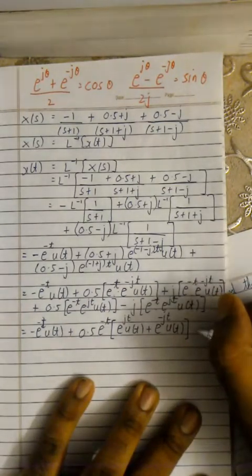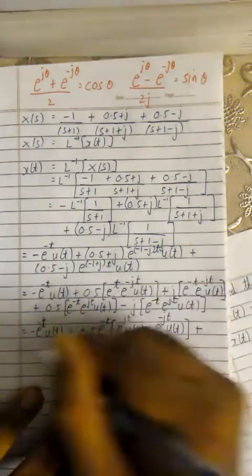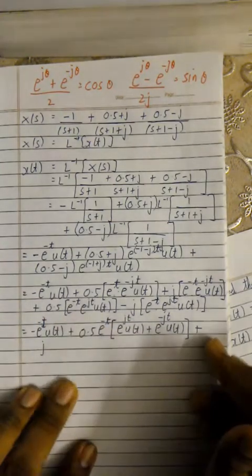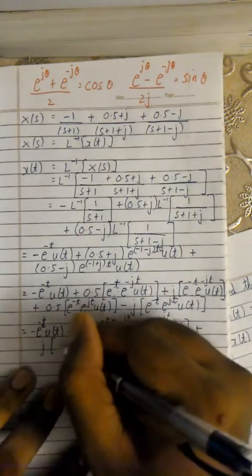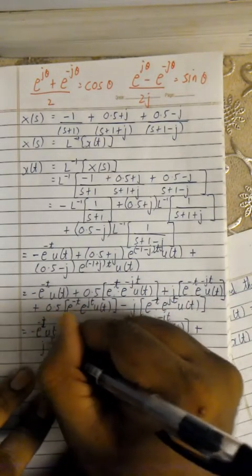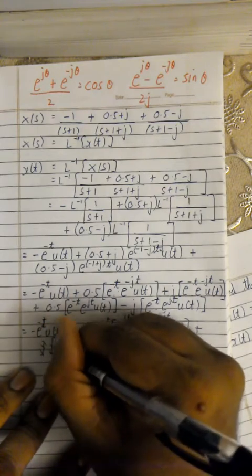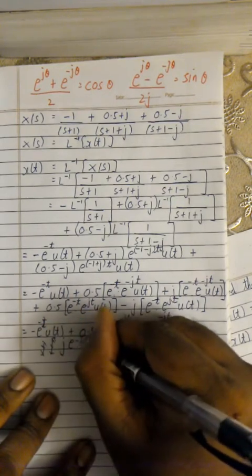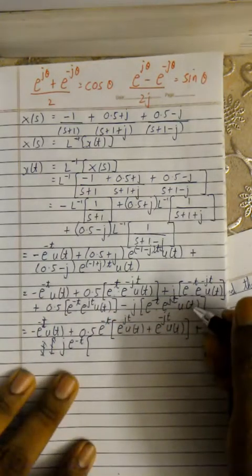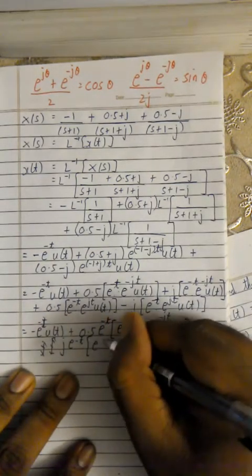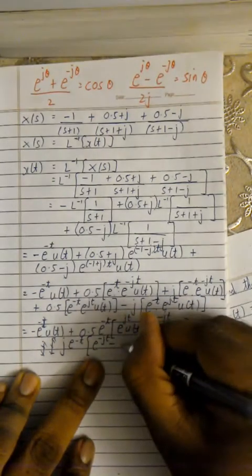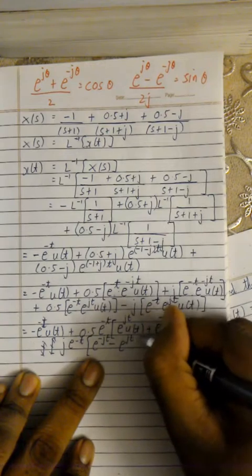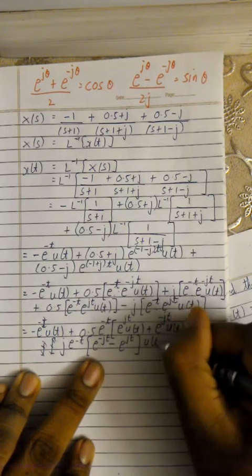So I can combine the other, and similarly over here also, I can take j also common. If I take j common, then I can write it as j e^(-t) common, so it will become e^(-jt) minus e^(jt), into u(t).